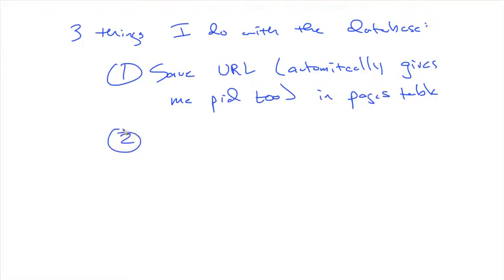And so that means I discover it from another page as a link, or I know about it as the starting point in our breadth first search. Either one of those are the same. So save the URL in the pages table when I first encounter that page.